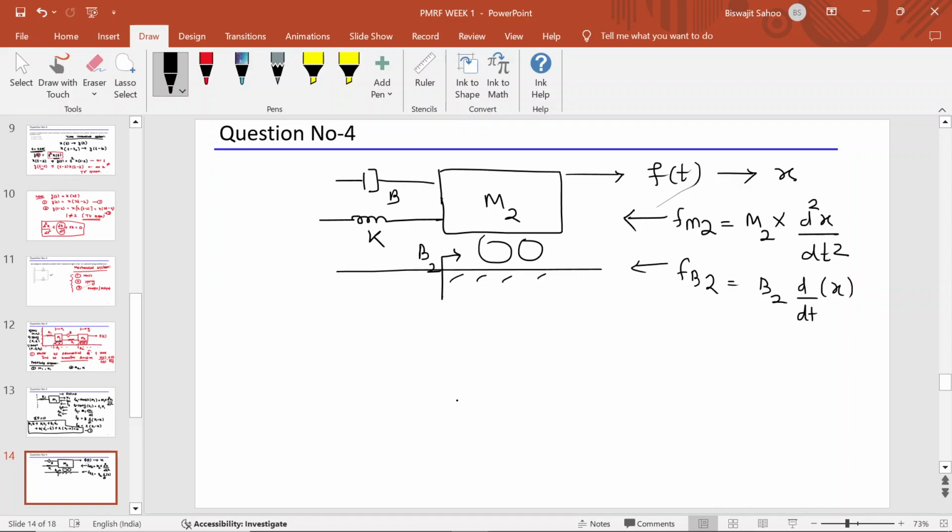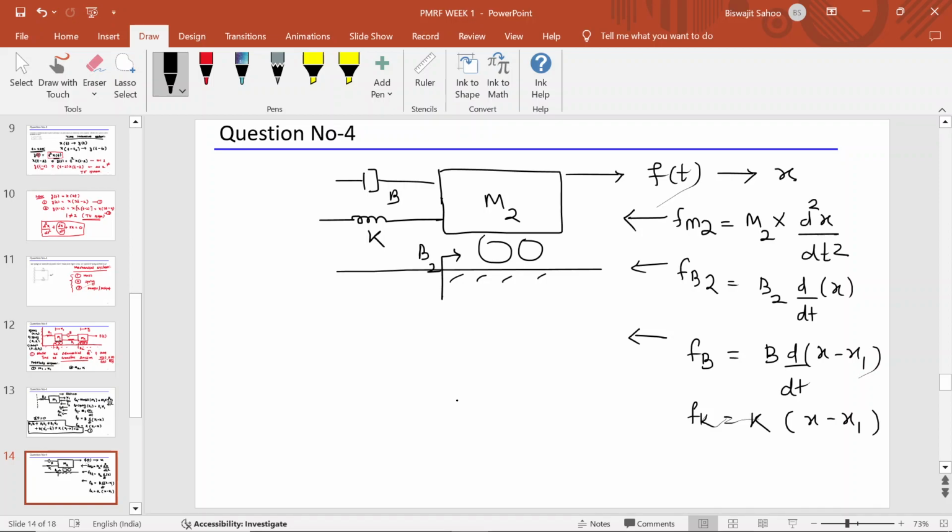Now, because of this dashpot, which is on the left hand side, I am writing f of b, which is b times d by dt of x minus x1. Similarly f of k will be k times x minus x1. Is any other force there? I don't think so. There are only four forces in the opposite direction.